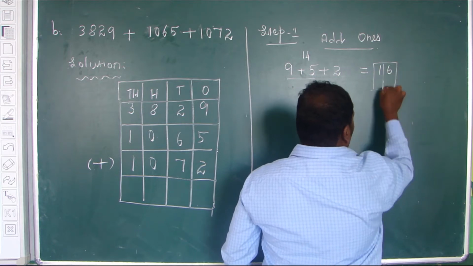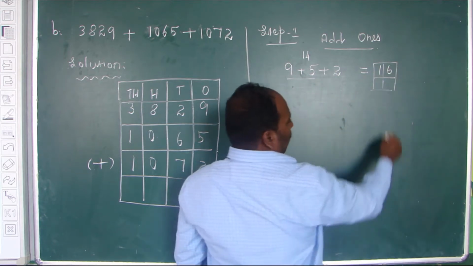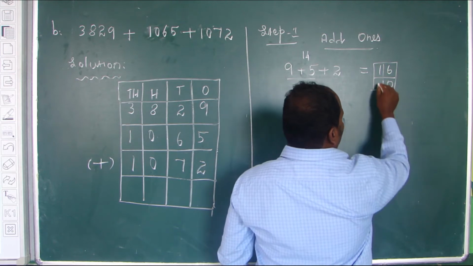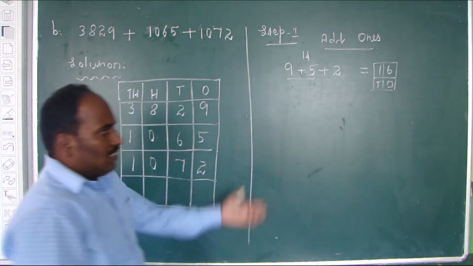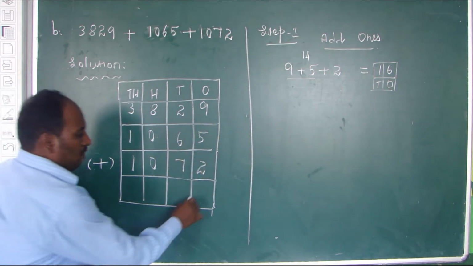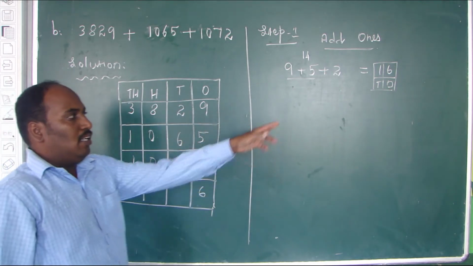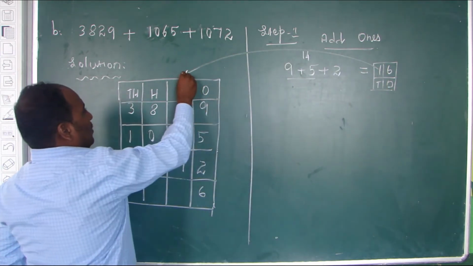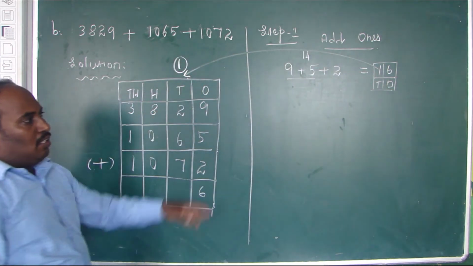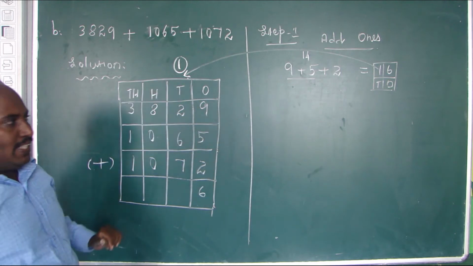We take the place value for number 16. 6 ones, 1 tens. 6 ones we write in ones place. And then number 1 carry over to the tens place.